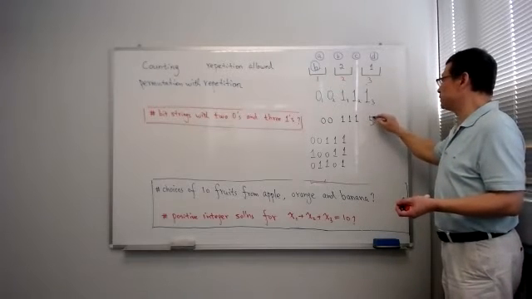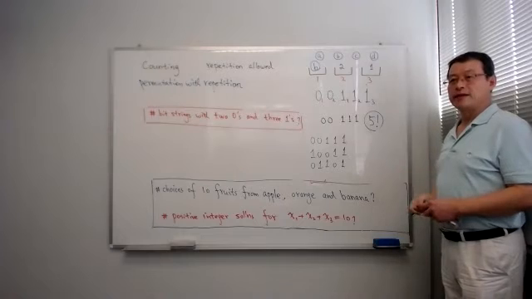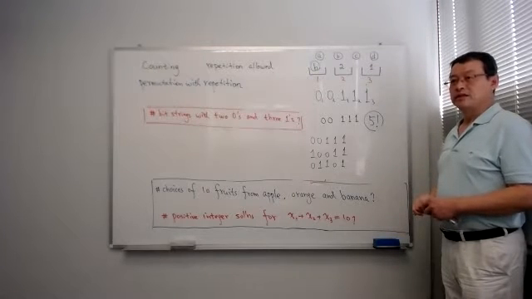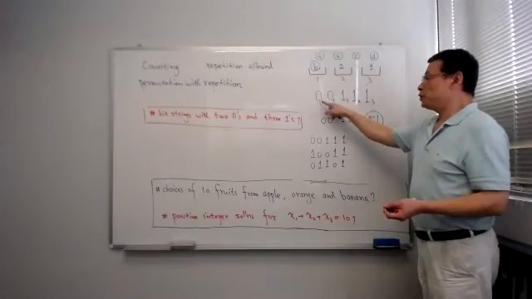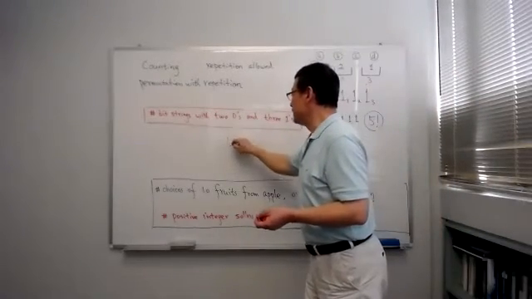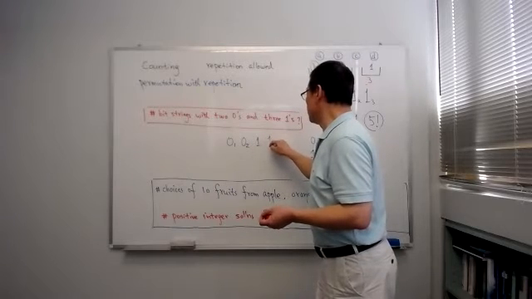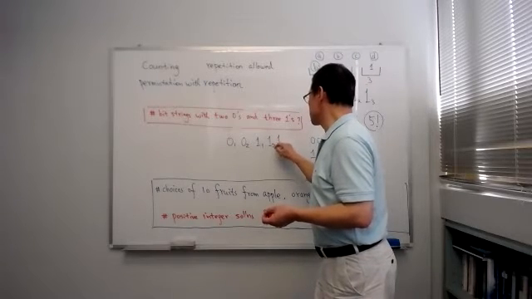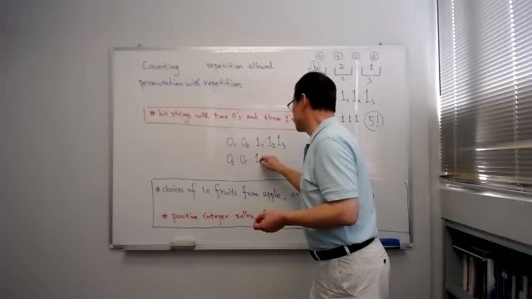It's 5 factorial, because we are really dealing with the permutation of this one, right? So now the difference is in the permutation, these two are the same. So in terms of permutation, if they're different, I can have 0 sub 1, 1 sub 1, 0 sub 2, and so on.